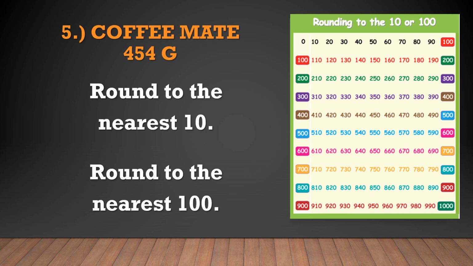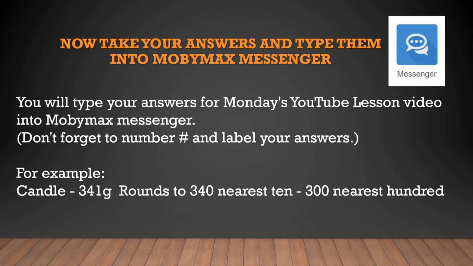So now that you've had a chance to round each one of these weights or capacity measurements, you're going to type your answers into the MobiMax Messenger app in MobiMax. If you notice here, this is the icon that you'll be looking for in MobiMax.